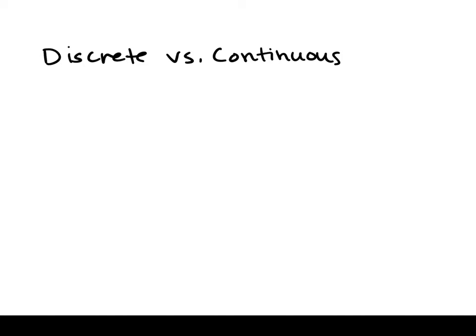So here's the question I want to ask myself to figure out if something is discrete or continuous: can I have a half of a whatever? If we go back to those, we said we could find the average number of cans versus the average amount of soda.